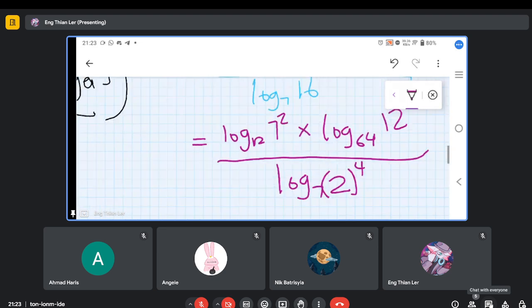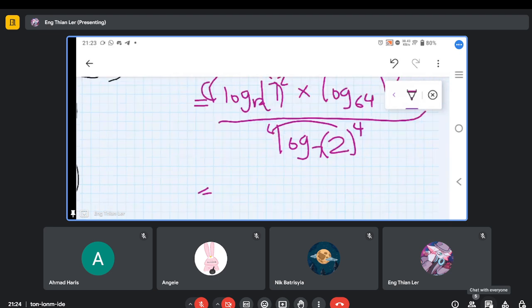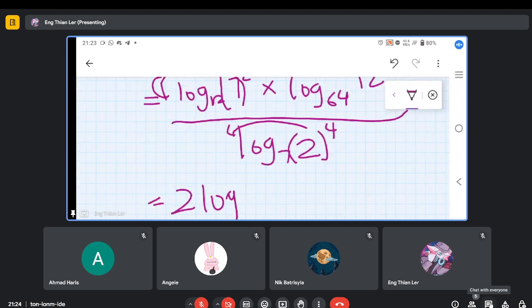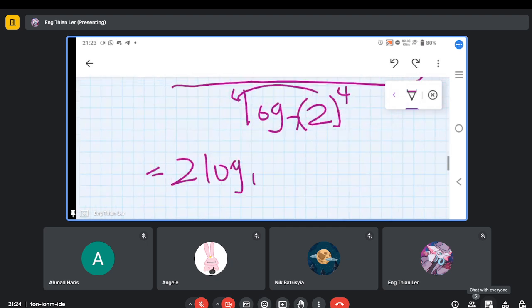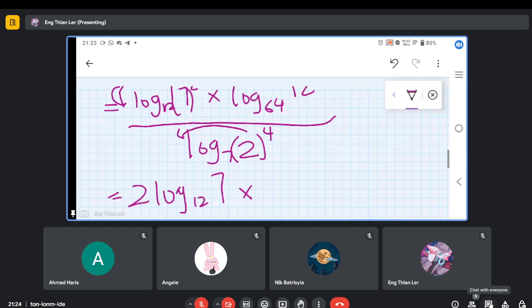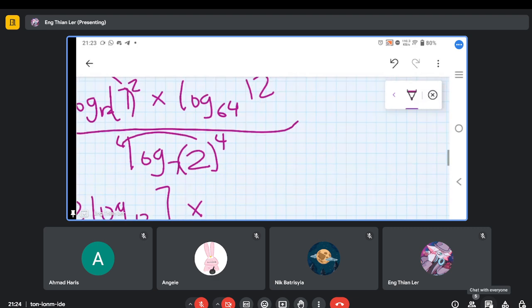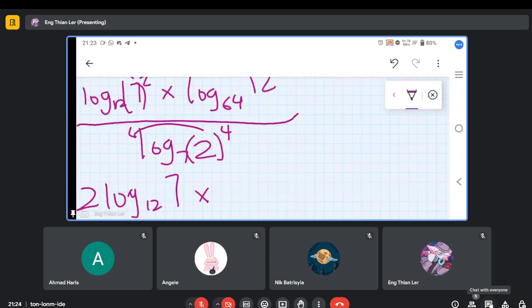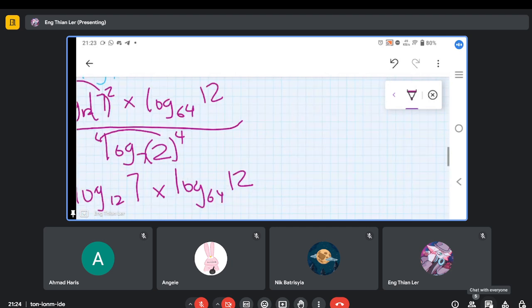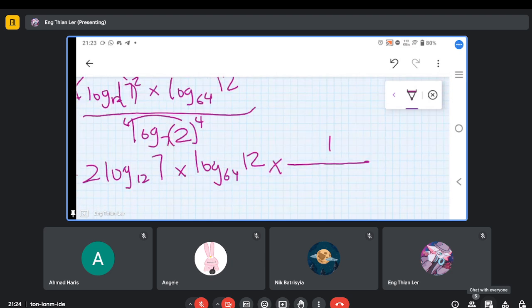Now we have this. We're going to put every index into the front. So second step: 2 log base 12 of 7, multiplied by log base 12 of 64, and then we also multiply by the reciprocal of this thing.